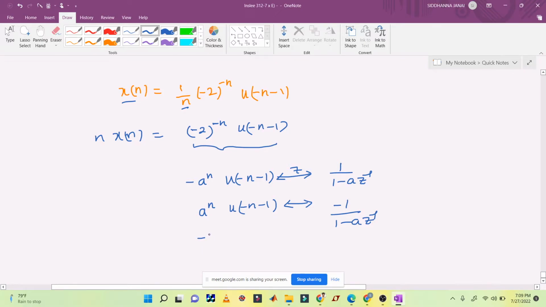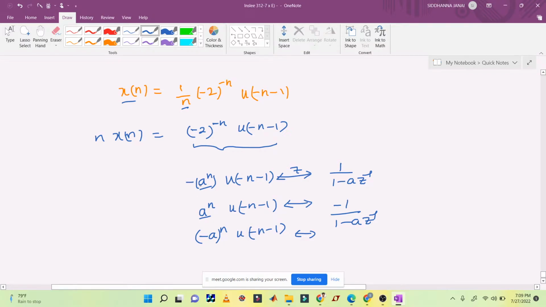Similarly, if I have a to the power n u of minus n minus 1, if this is the case, then earlier this is different, and this is minus a to the power n is different. Remember that minus of a to the power n is different. So we have our equation in this form, correct? Given equation is minus a to the power n u of minus n minus 1.